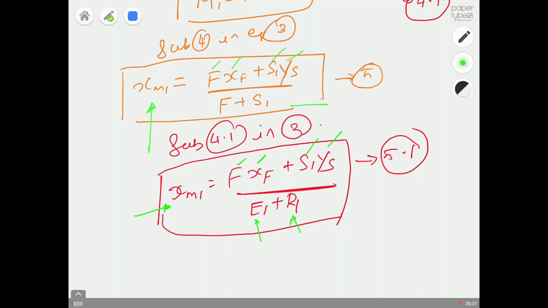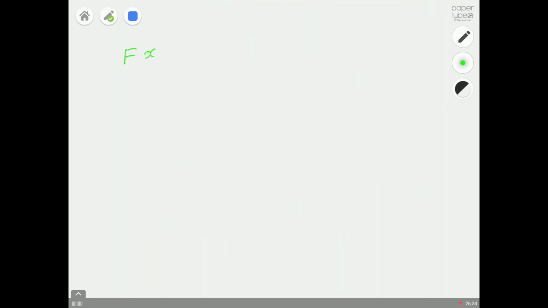So let's take equation 2 again: fxf plus s1 ys equal to f plus s1 into xm1.